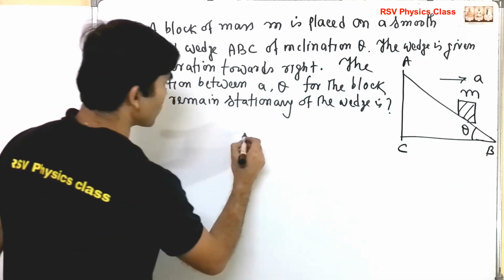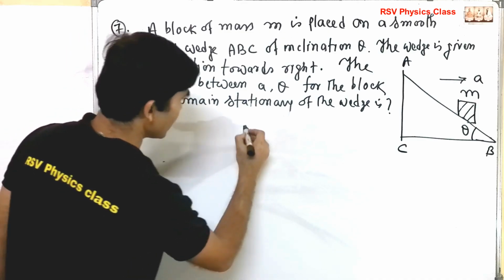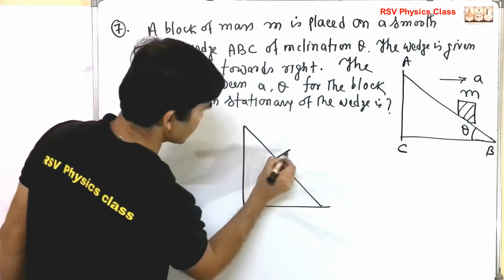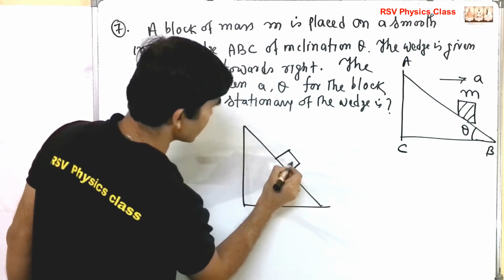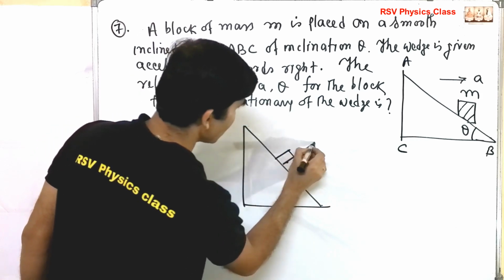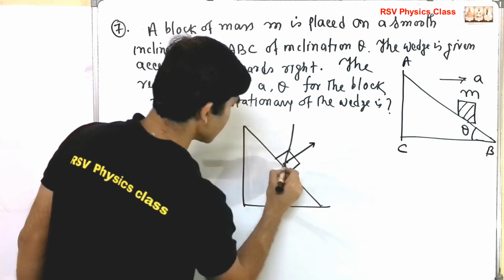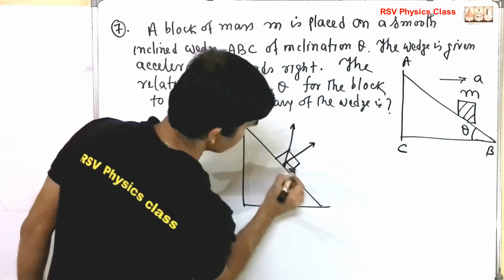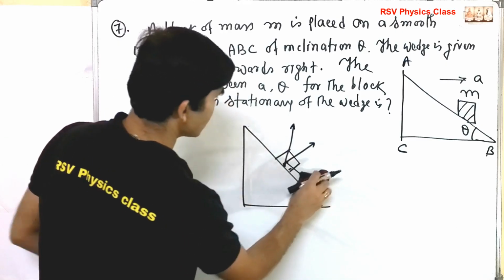So there is this type of block, and you have to draw the acceleration here. This is your mass. This is your normal force, and this is along this direction.